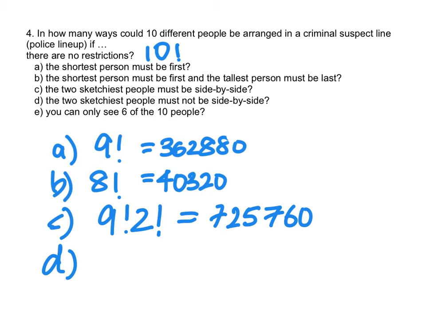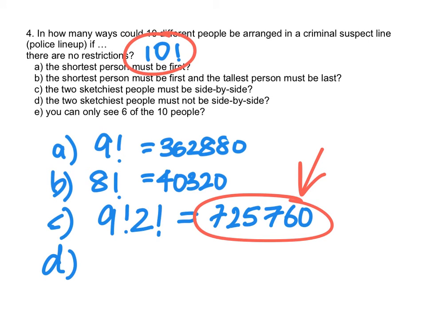Okay, so part D, the 2 sketchiest people must not be side by side. So really, this is exactly what cannot happen. So our last question cannot happen, so all those cases can't be there. So what we're going to do is take the total number, whatever 10 factorial is, and subtract this 7,000.